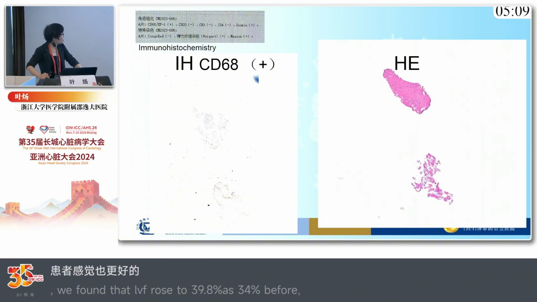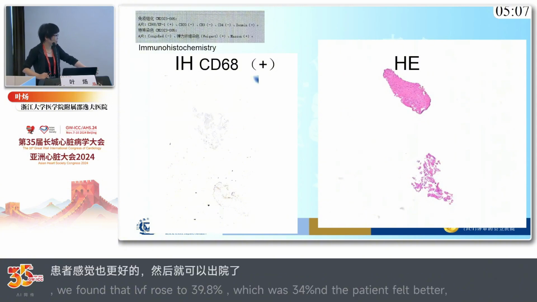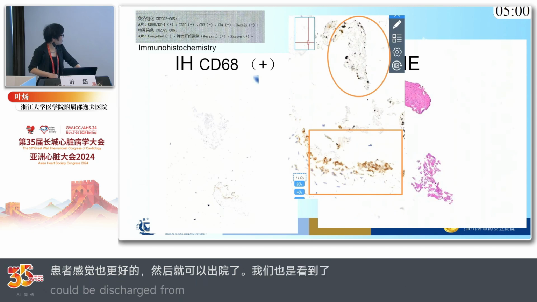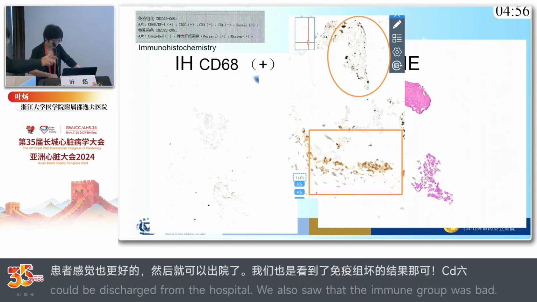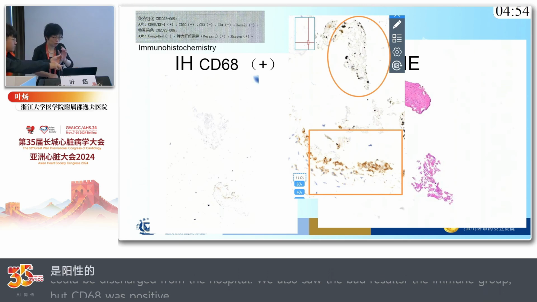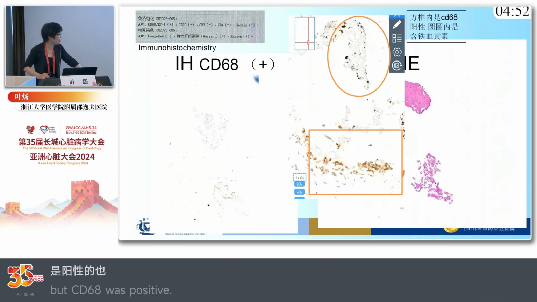And as for the EMB, the cardiomyopathy result in the histochemistry showed CD68 is positive. That means granulomatous inflammation there.